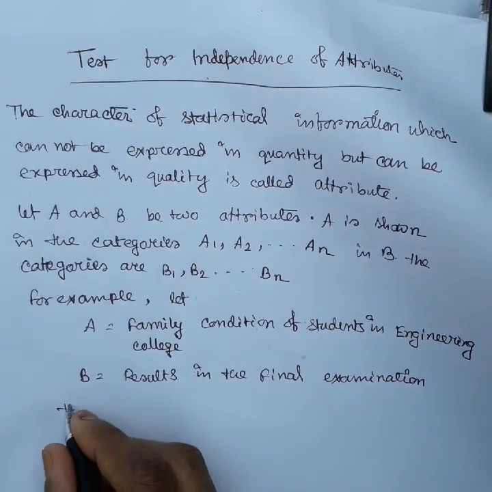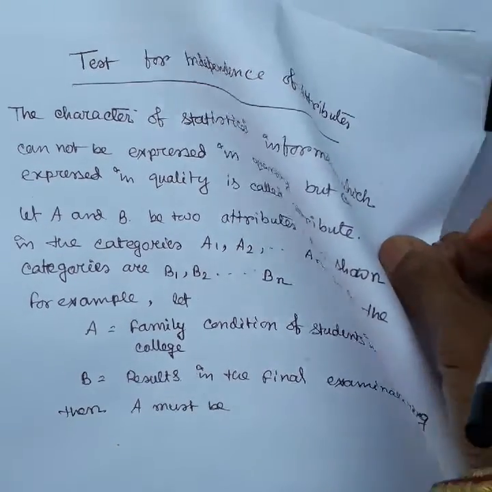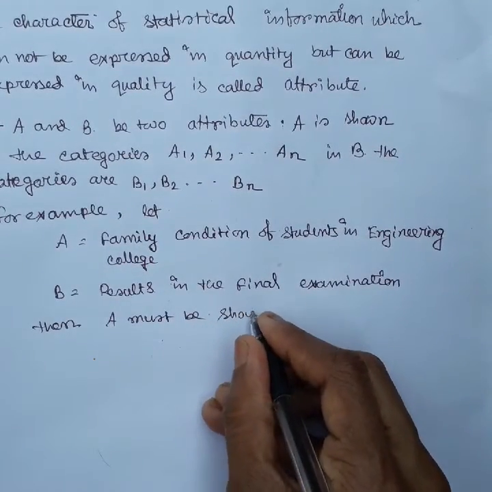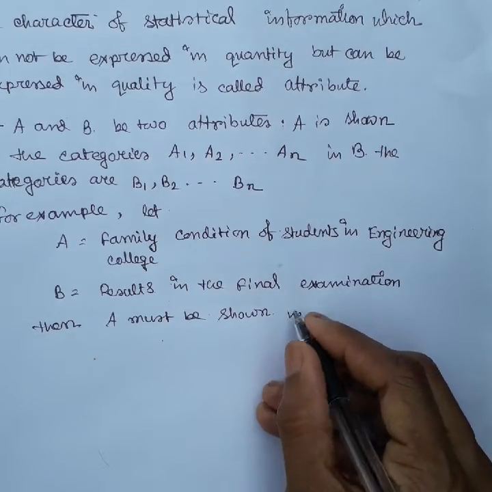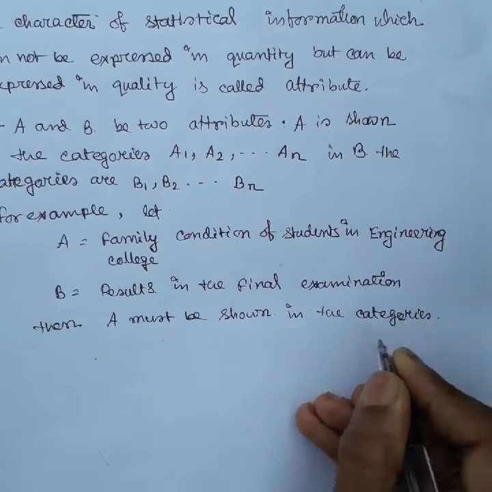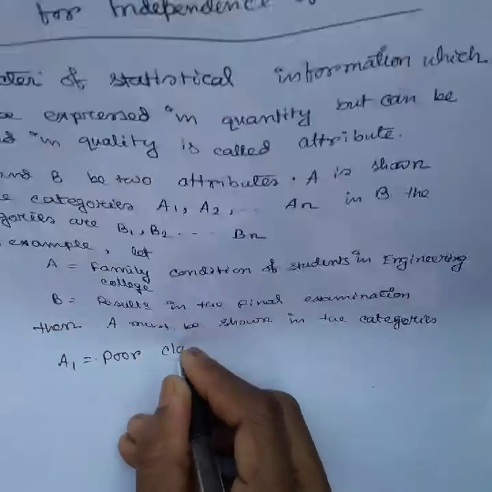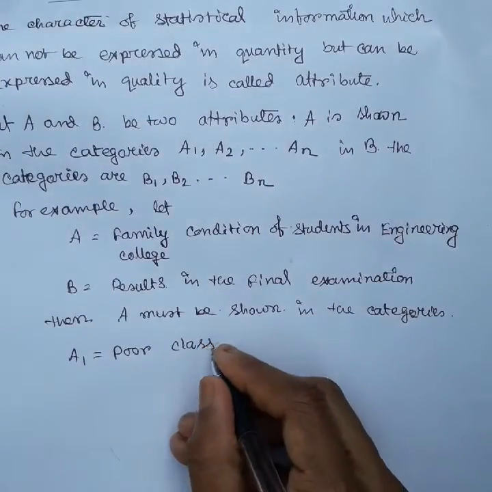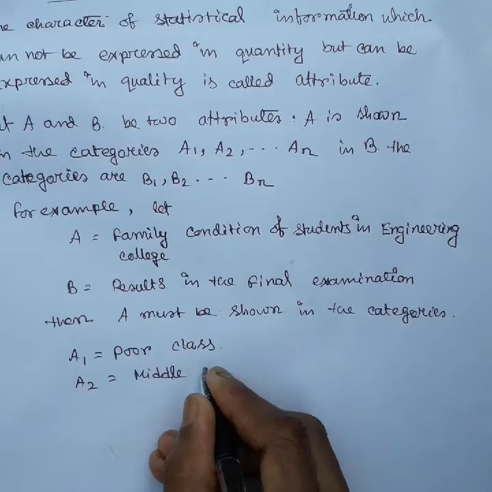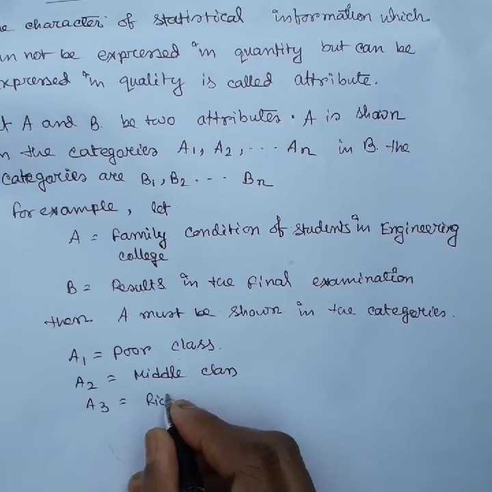Then A may be shown in the categories A1 is equal to poor class, A2 is equal to middle class and A3 is equal to rich class.